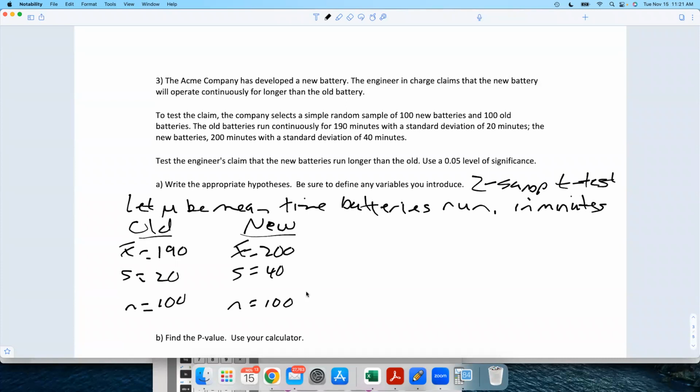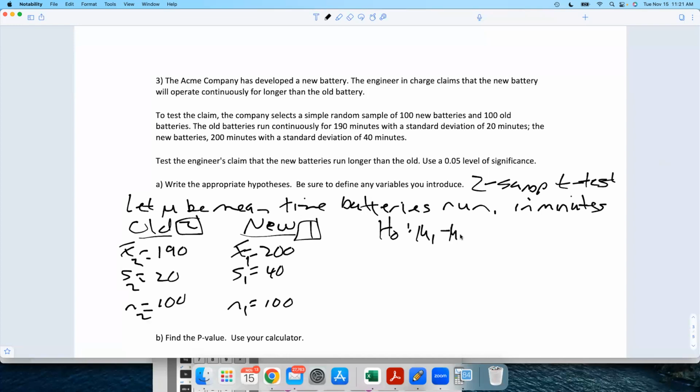My suggestion to you is whoever has the bigger sample mean, the bigger X bar, call them group 1. So I'm going to call these guys, the new ones, group 1, and these group 2. So number 1, number 2. Then your hypotheses are always the same.